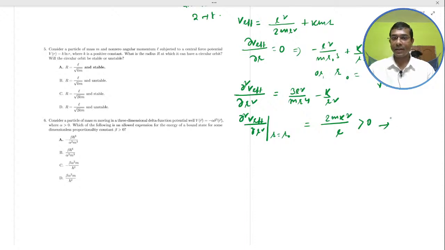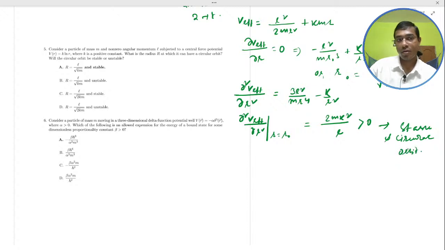The second order derivative at the point r equal to r naught being greater than 0 means this is a stable equilibrium, stable and circular. Option A is correct: r equal to L by square root km, and this is stable.